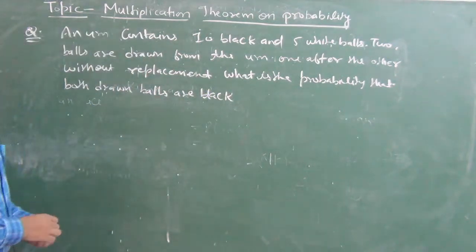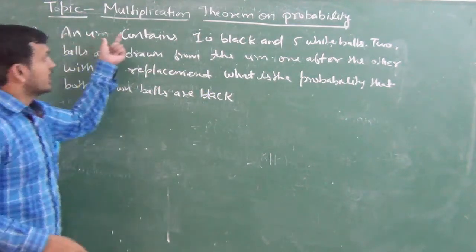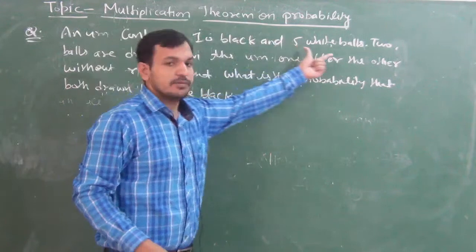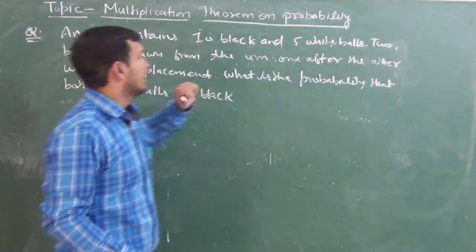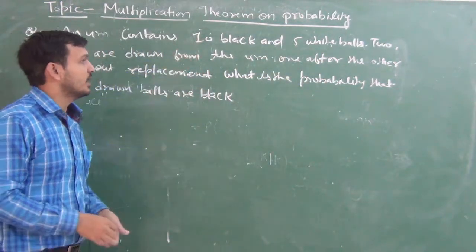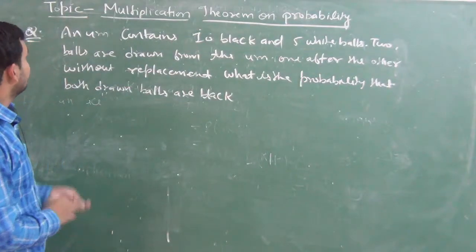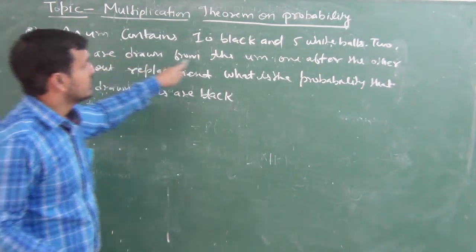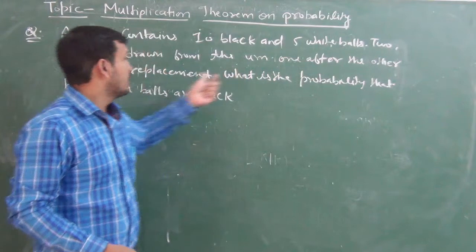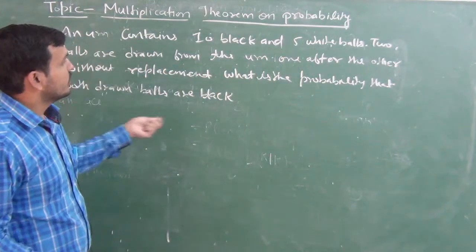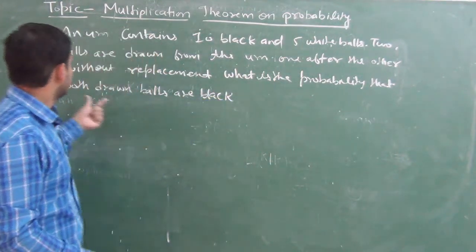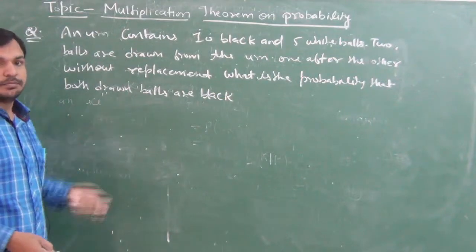So there is an urn which contains 10 black and 5 white balls. It means there are 15 balls in the urn, out of which 10 are black and 5 are white. And 2 balls are drawn from the urn one after the other without replacement. And we want to find the probability that both the balls which are drawn are black balls.